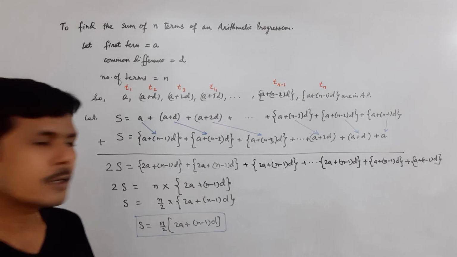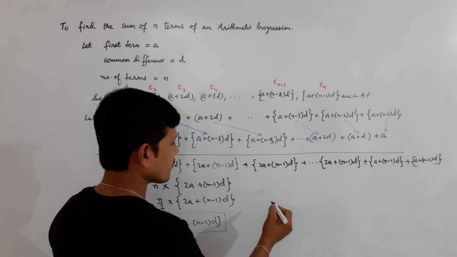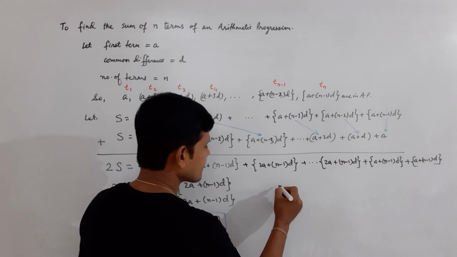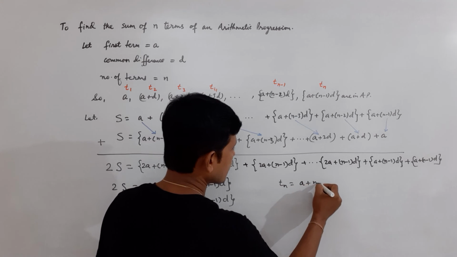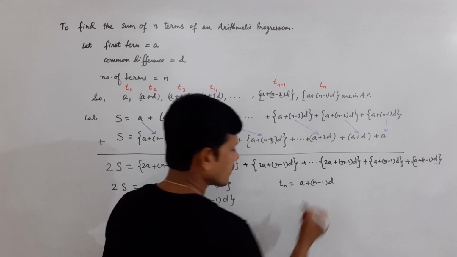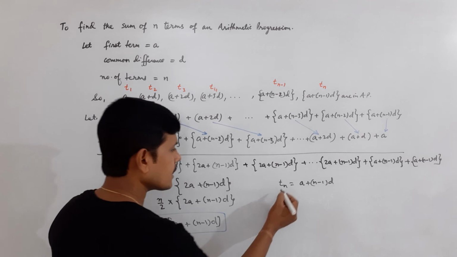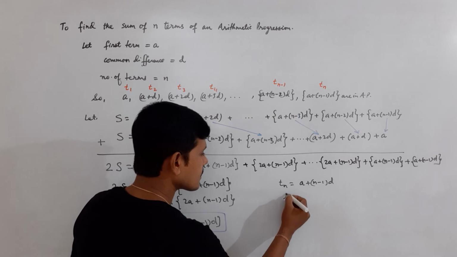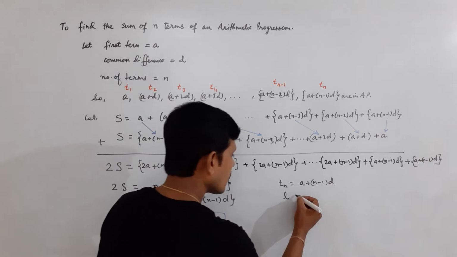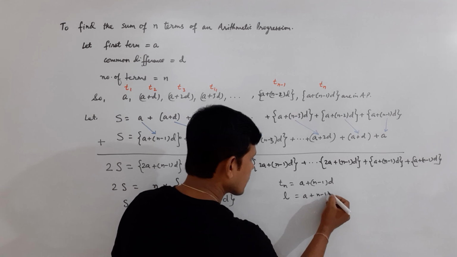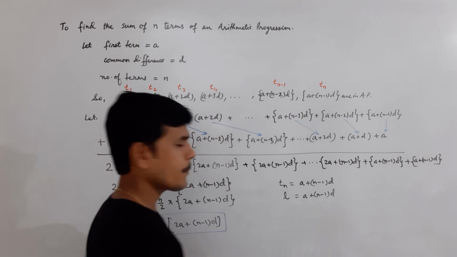Just see one more thing I want to share with you all. As I said, the nth term is equal to A plus (n minus 1)D. This nth term can also be called the last term, and the last term means L. So L is also equal to A plus (n minus 1) times D. Both are set.